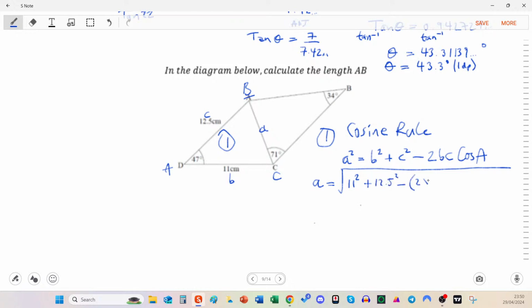Take away 2 times 11 times 12.5. And you see what I mean about these numbers? They're being used twice. So you don't need to look for them. They're literally here. Times cosine of the angle, which is 47.